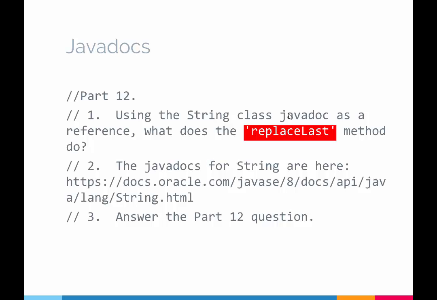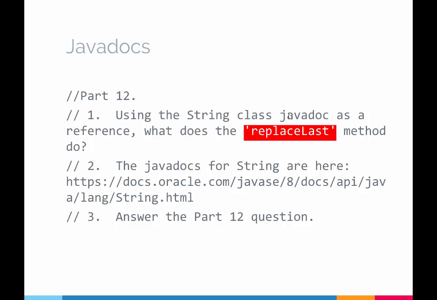Javadocs. If you look at the outcomes, one of the outcomes is that you need to be able to read the Javadocs. One of the outcomes specifically says you need to see if something's in the Javadocs or not. So this one, replaceLast did not exist in the Javadocs. And that was the point of the exercise: did you go look for it in the method section? Could you identify what the method section was? Was replaceLast there? It's not.